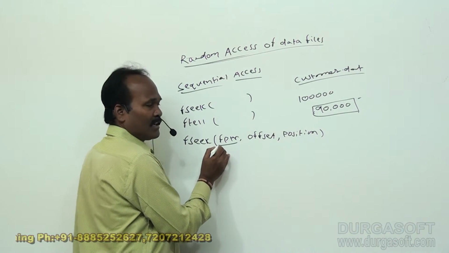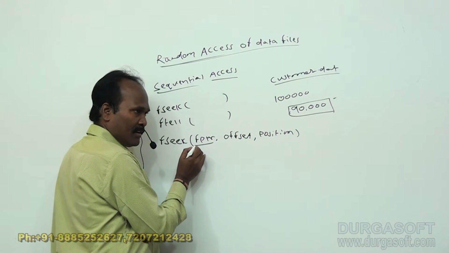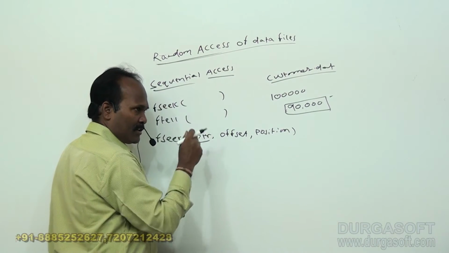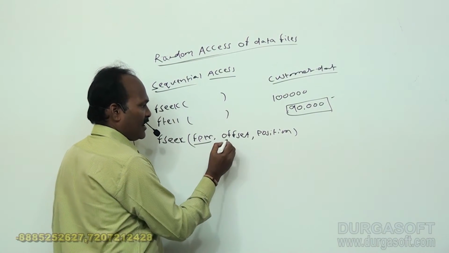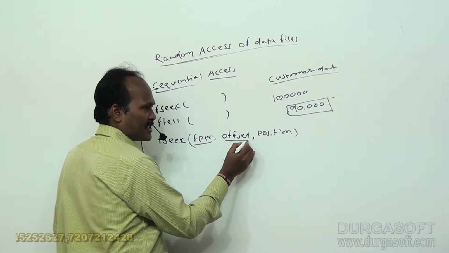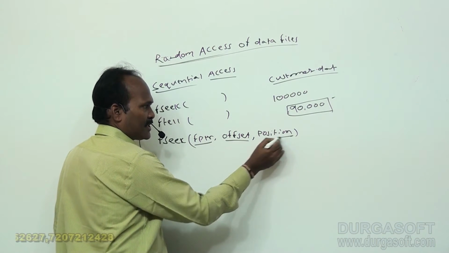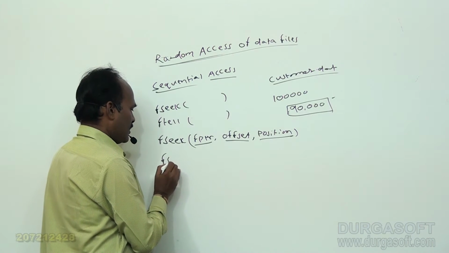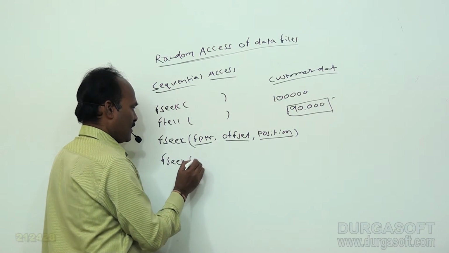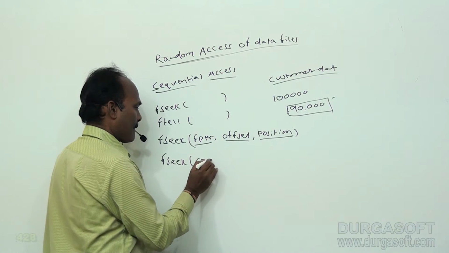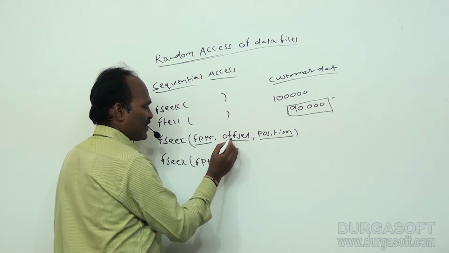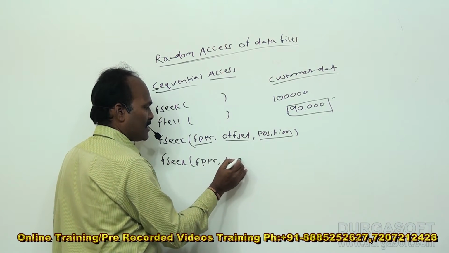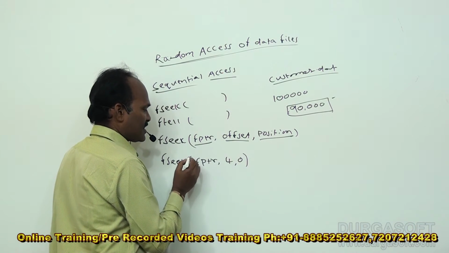File pointer is the pointer which is pointed to a particular data file. Offset means the location. Position means from which location. For example, fseek(fptr, 4, 0).